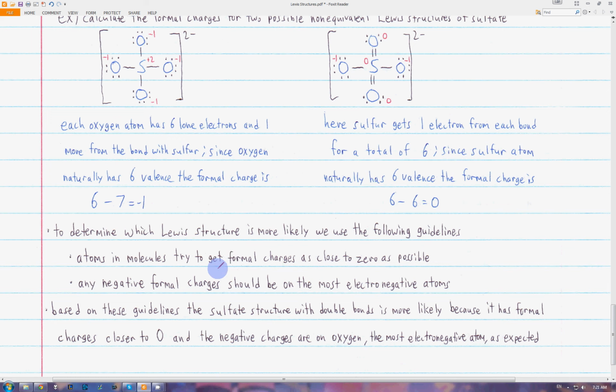Looking at these guidelines, we can determine that this structure is more likely than this structure, because as you can see, a lot of these atoms have 0 formal charge, whereas in this one, none of them has 0, and this one is +2, which is further away from 0. So most of the atoms have a formal charge very close to 0, and also, as we expect, any negative formal charges over here are on the most electronegative atom in the molecule, oxygen.